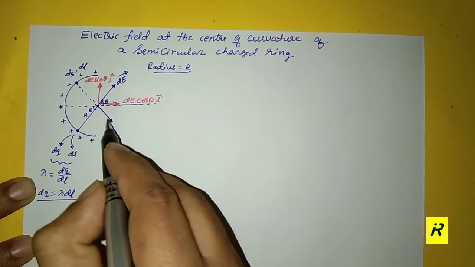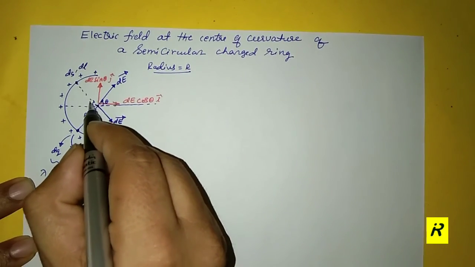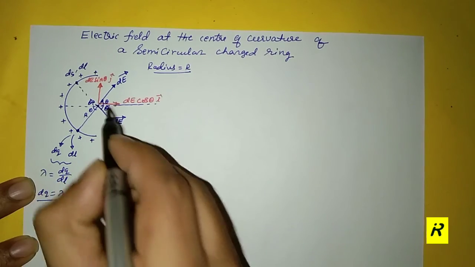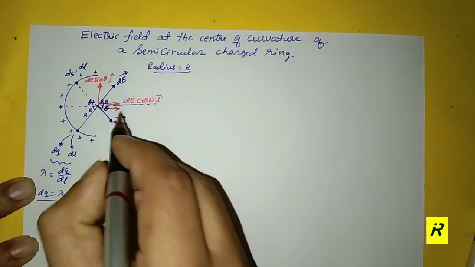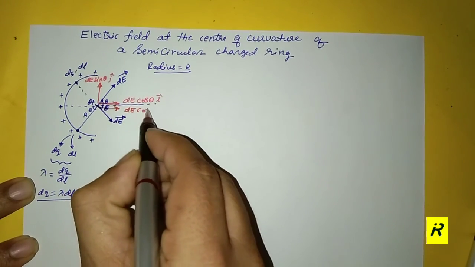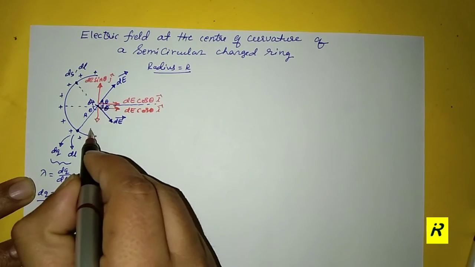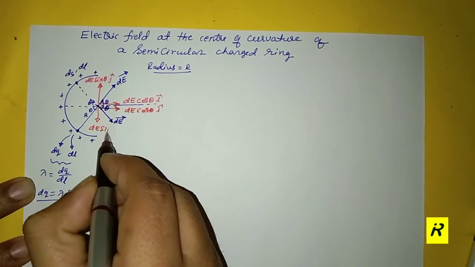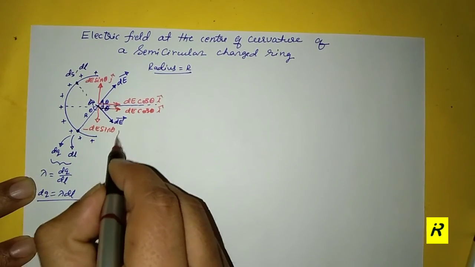This is one more dE. So one more theta is appearing here and here also. So I can take the components of this vector again. This is dE cos theta i cap, as well as along this line, this is dE sin theta, but it is in negative y direction, this should be minus j cap.